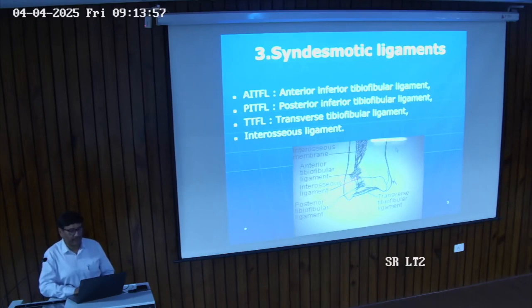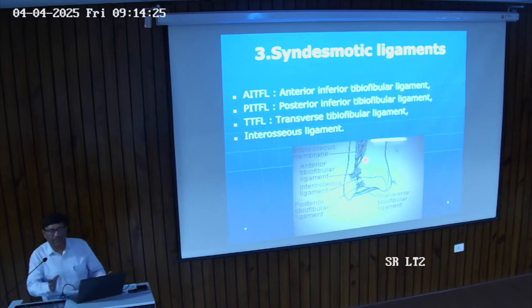Posteriorly, on the back side, it is the posterior inferior tibiofibular ligament. In between the anterior side and the posterior side, there is the transverse tibiofibular ligament, and just superior to this inferior tibiofibular syndesmosis, there is the interosseous ligament, which joins the tibia and the fibula together.